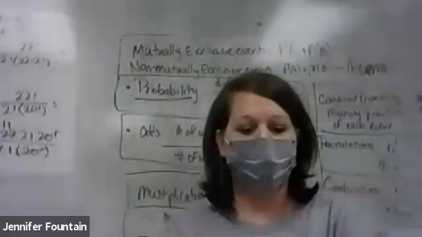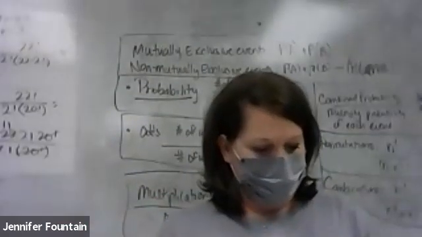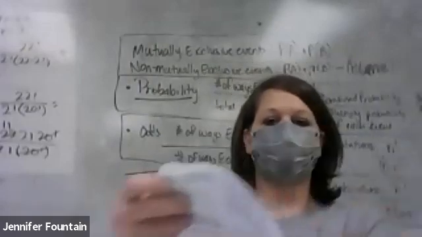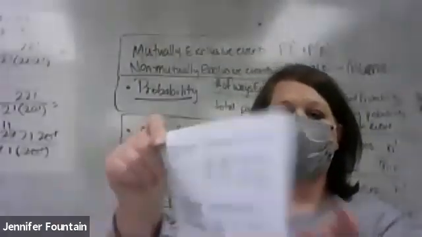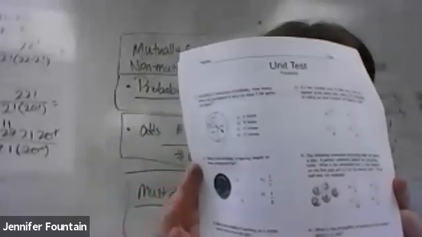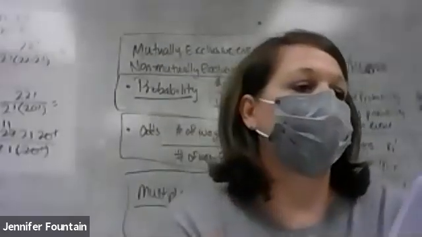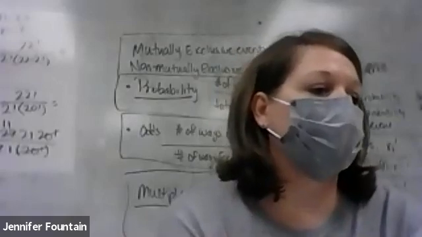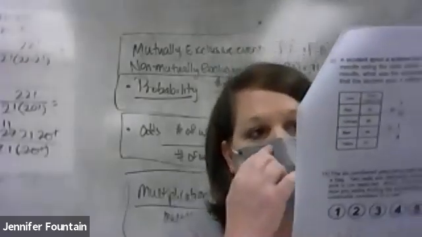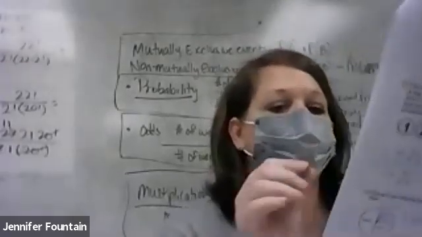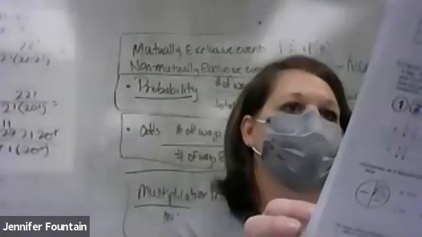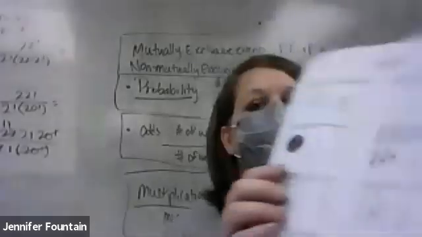Now let's take a look at our unit test. All right, these are all super similar to the practice that we just looked at. So the first one, how many times can you expect to land on blue if 64 spins are taken? So what is that going to be?